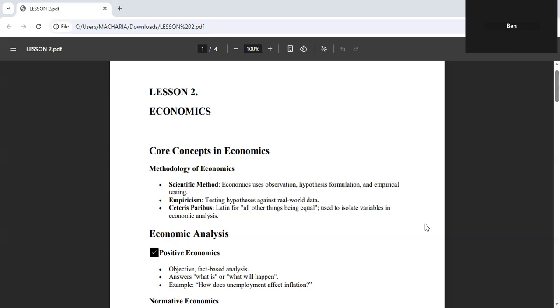Then we have ceteris paribus. This is just a Latin term which isolates variables in economic analysis, meaning that all things are kept constant. In this case, like when we want to analyze economic growth within a region, we assume that each and every person has access to employment.